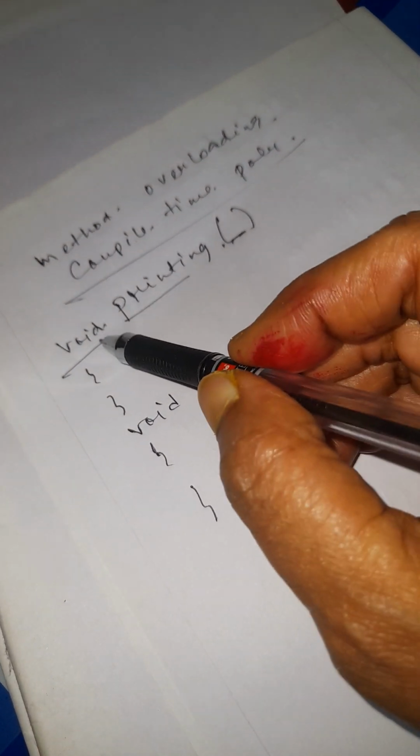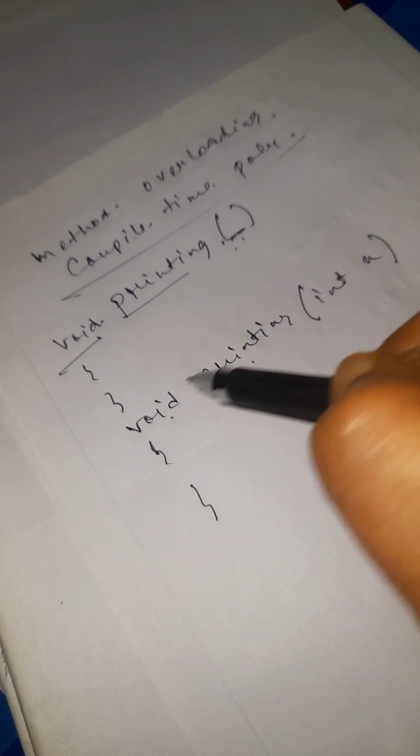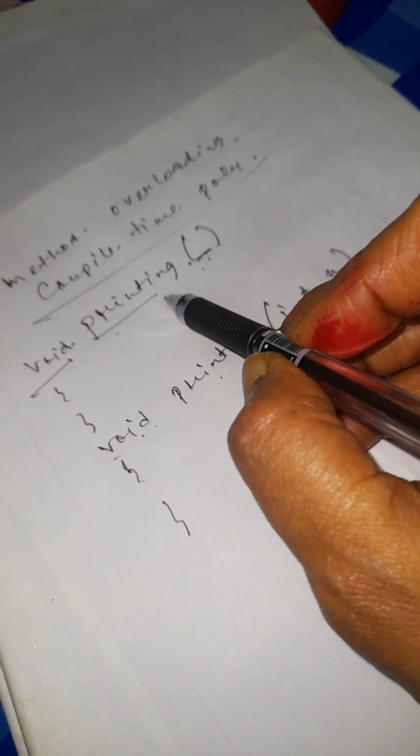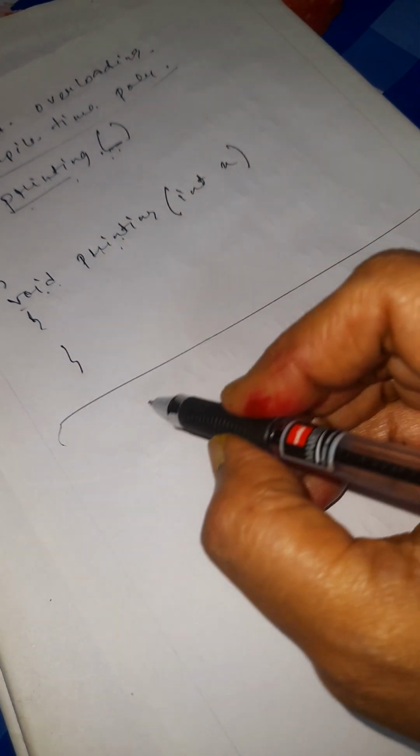So this one is known as method overloading. Same name, but the parameters are different. The return type may or may not be different. Clear? The name of the function will be the same and the signature will be different. So that one is method overloading, or compile time polymorphism.